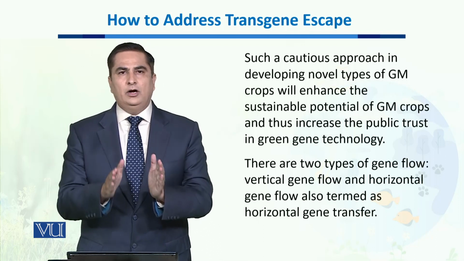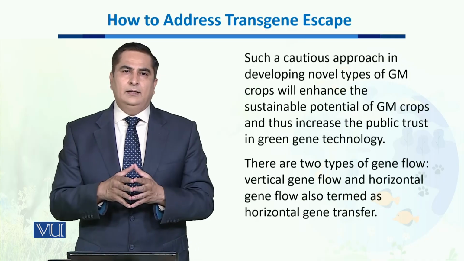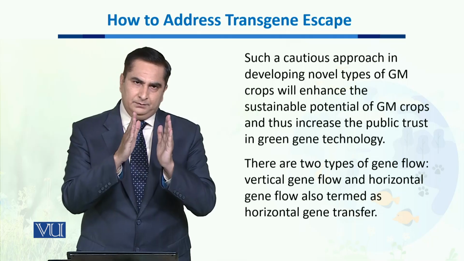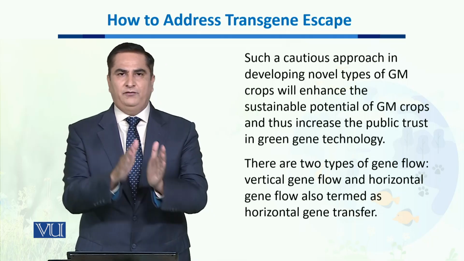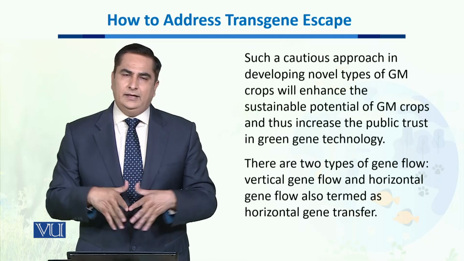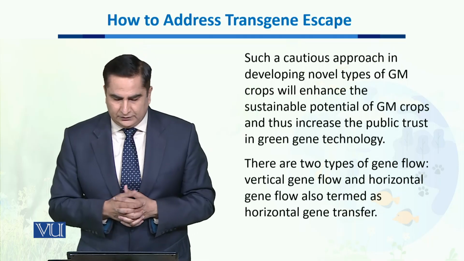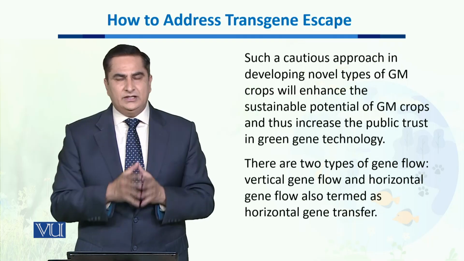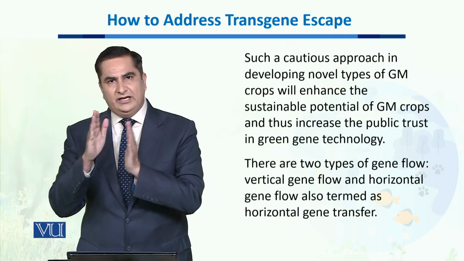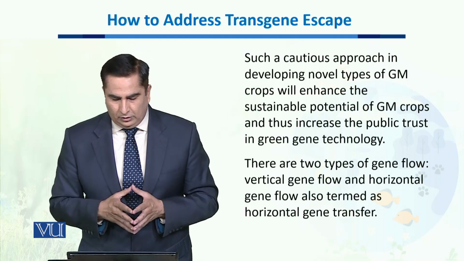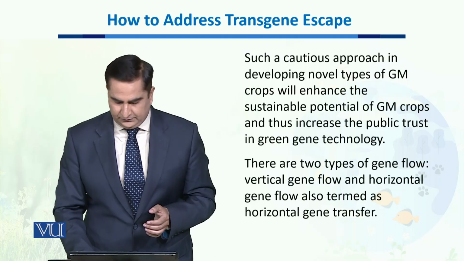Now, when we talk about the flow of genes, for example, when a transgene has escaped from a genetically modified crop to a wild one, there can be multiple ways of this gene flow or gene transfer. It could be vertical gene flow, or it could be horizontal gene flow, which is also known as horizontal gene transfer.